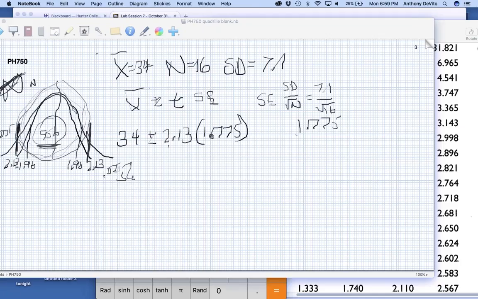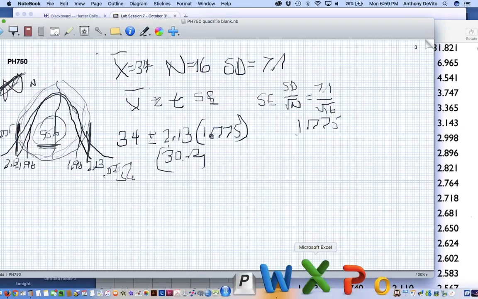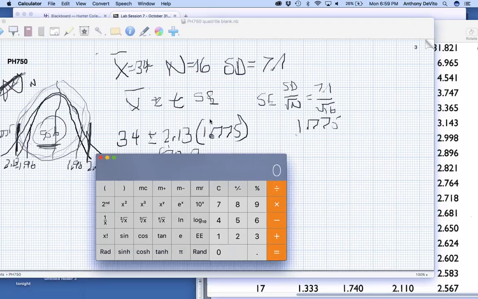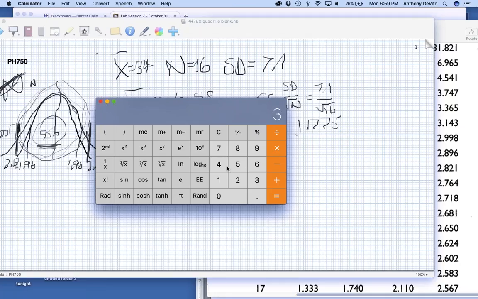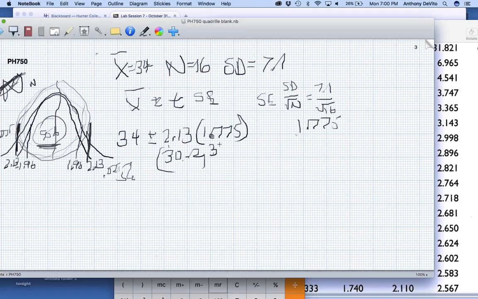And round it off for our purposes, 30.2. And the upper value is going to be 34 plus our margin of error, 37.78, or 37.8, I'll call it. Okay, there we go.